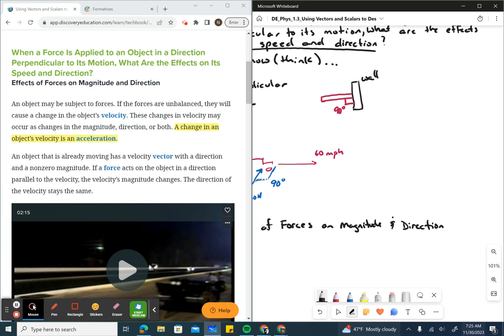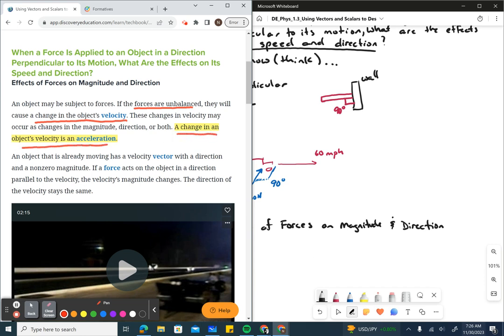Okay. In this first paragraph, they talk about forces, unbalanced forces. If forces are unbalanced, they can cause changes in objects' velocity. And a change in an object's velocity is an acceleration, right?